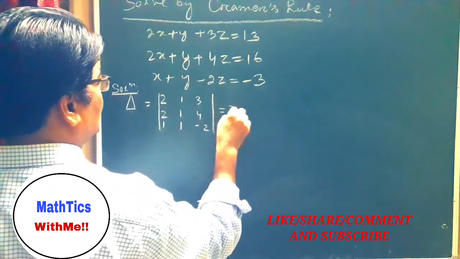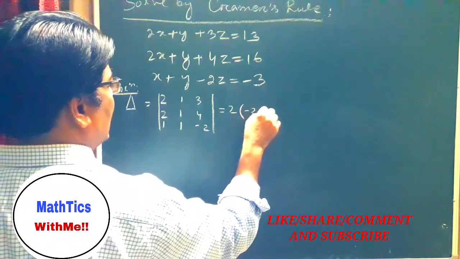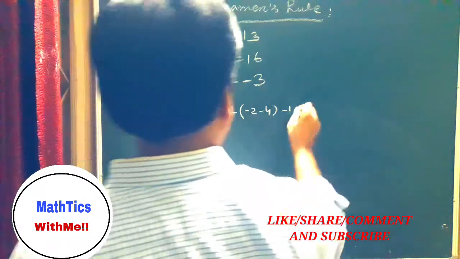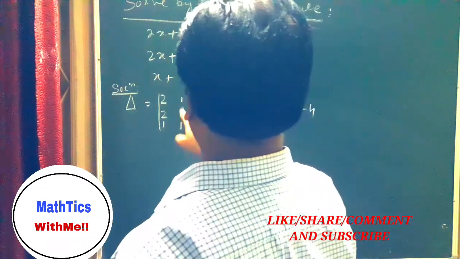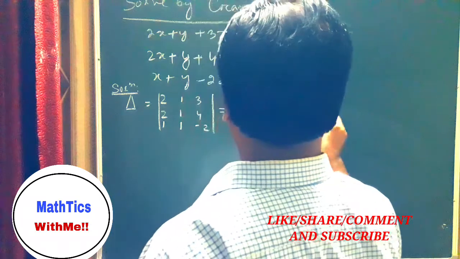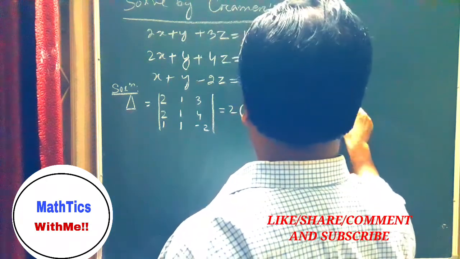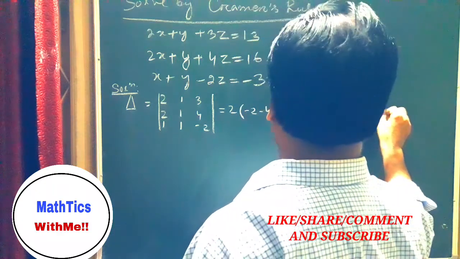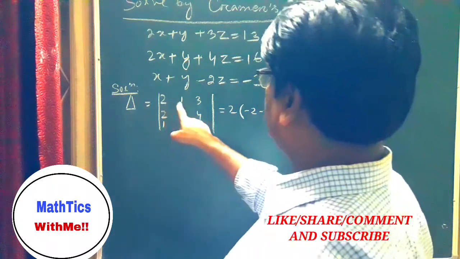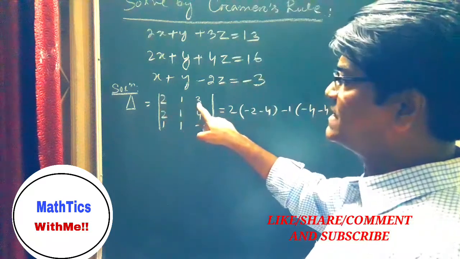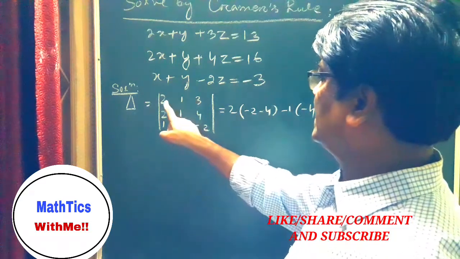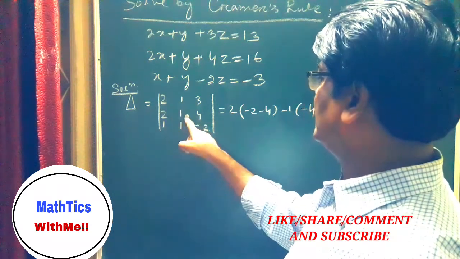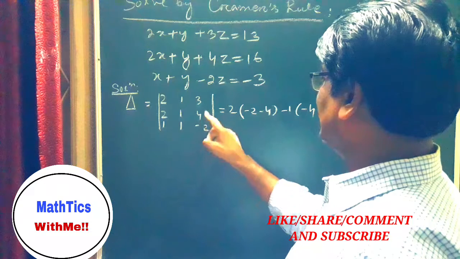So this is equal to 2 into (-2 - 4) - 1 into (-4 - 4) + 3 into (2 - 1). I have expanded this determinant taking the first row and its cofactors. When I take 2, I have to forget the first row and first column, so this is -2 - 4.